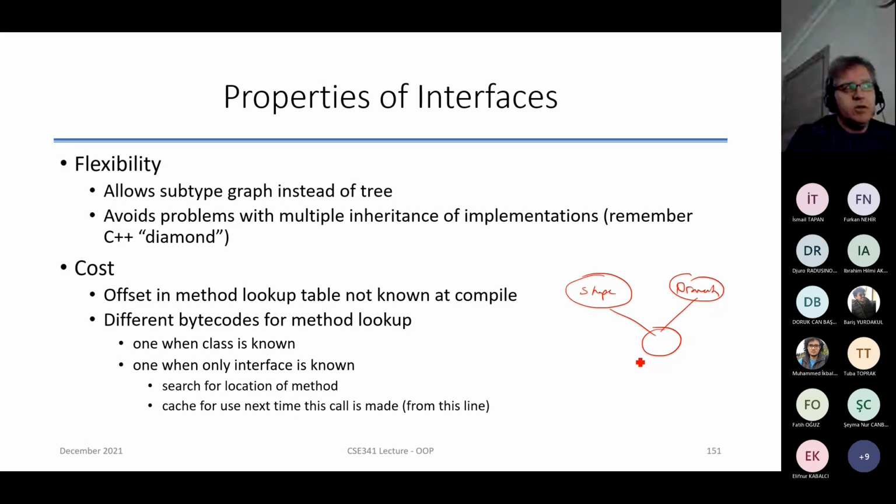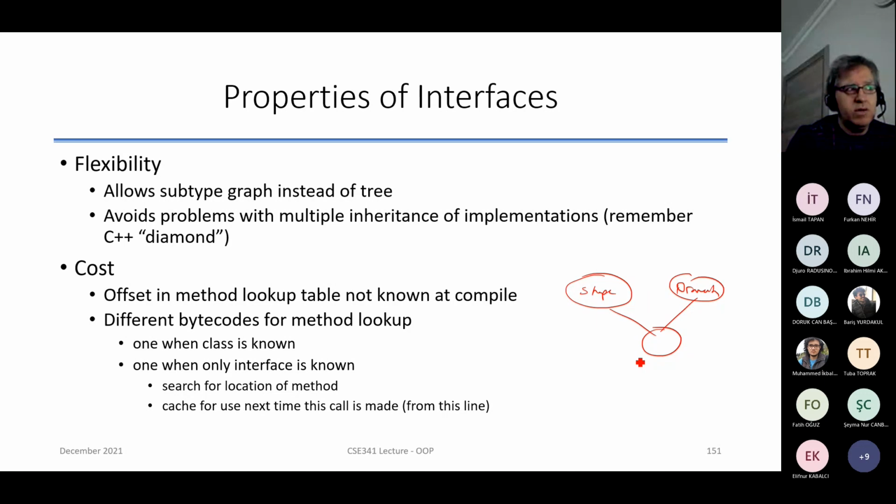So the cost of this one is, of course, that the offset in the method lookup table is not known at compile time. So this is an efficiency issue. What Java does here is it has some different bytecodes for method lookup. One is when the class is known. When the class is known, then this is simple, right?